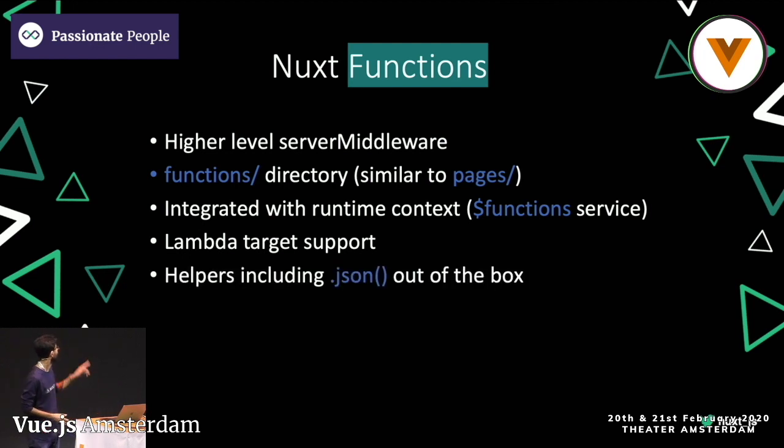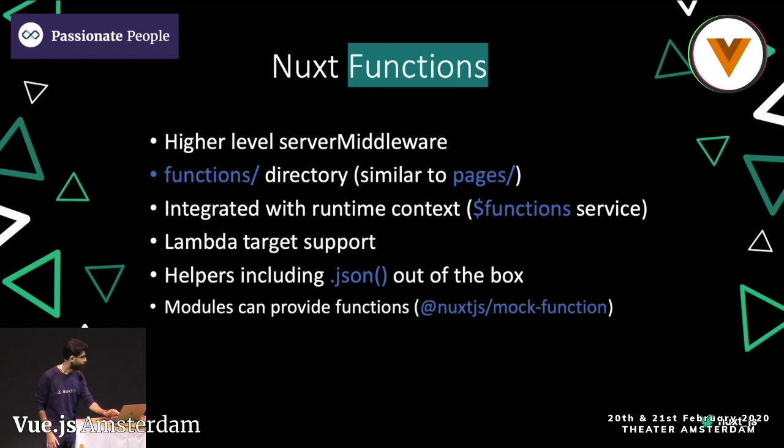One other benefit is that we have Lambda target support, which basically means that for several middleware, we cannot detect or separate them. So unfortunately, we have to bundle everything together. But using functions, we can create separate chunks for Lambda entry points. We are also going to add some helpers, like JSON to convert to JSON.